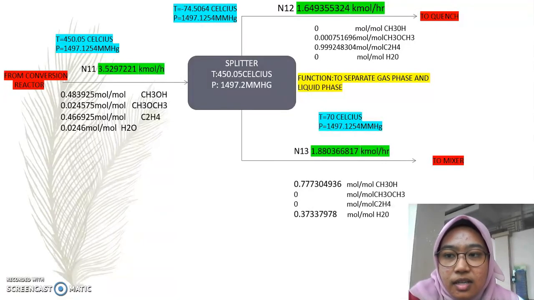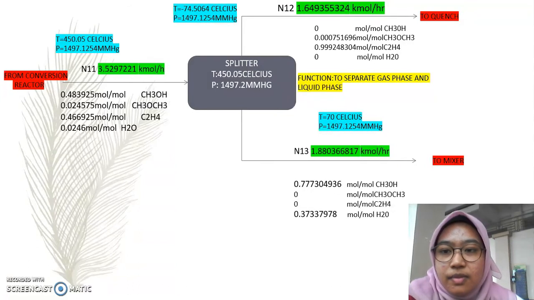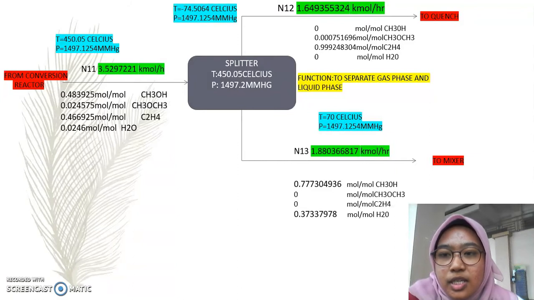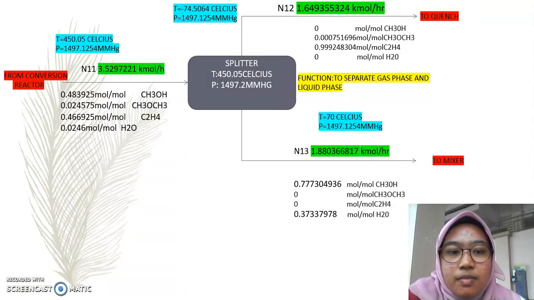Moving on to the next, the splitter. The function of the splitter is basically to separate the gas phase and liquid phase. The inlet molar flow rate is 3.529 kmol per hour, and the temperature is 450.05 degrees Celsius. The pressure is 1497.12554 mmHg. Basically, the upper stream is in vapor state, and the lower stream is in liquid state.